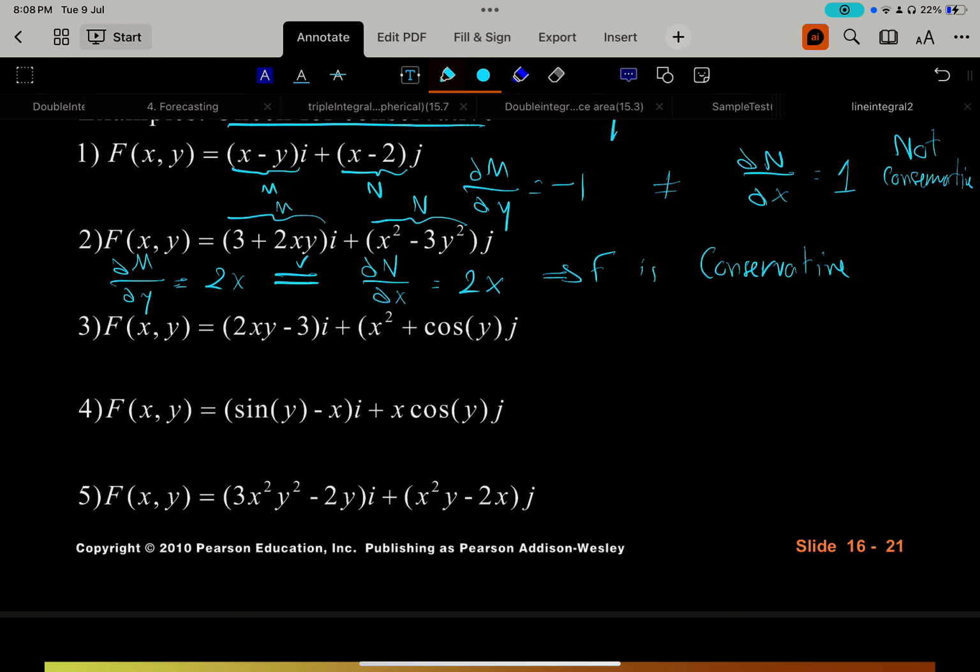Excellent. Now this is M, this is N, the partial derivative of M with respect to y is 2x, and of N with respect to x is 2x. They are equal, so conservative.